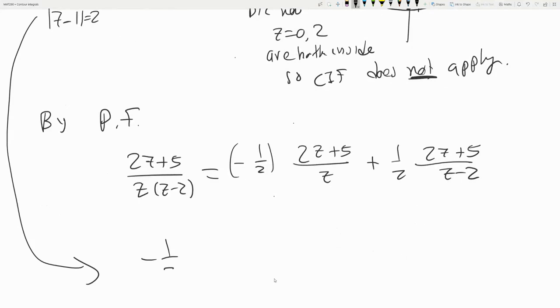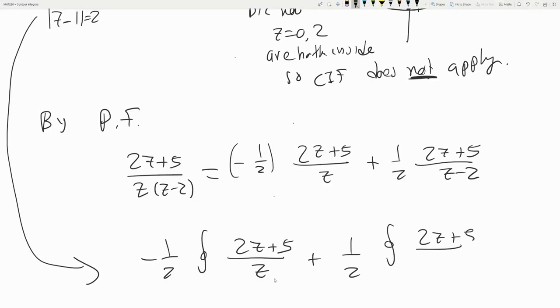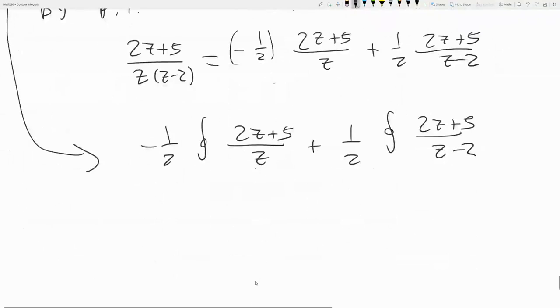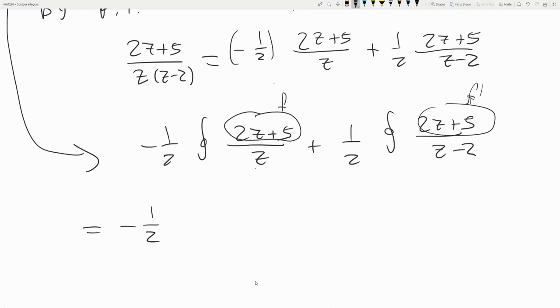So we have 2 of them. Now this is perfect. So this is f. Yes, 2 pi i times f at 0 and 2 pi i f at 2.